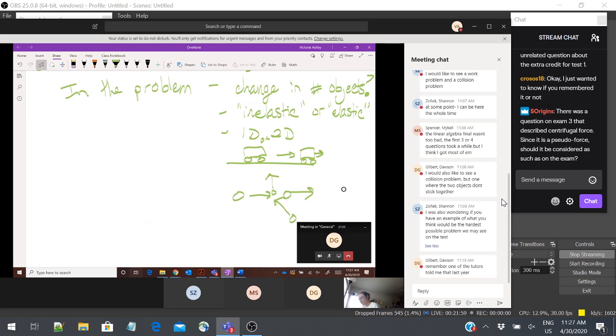You're also looking for words like stick together. That's another good one. If a problem says stick together, what does that mean?